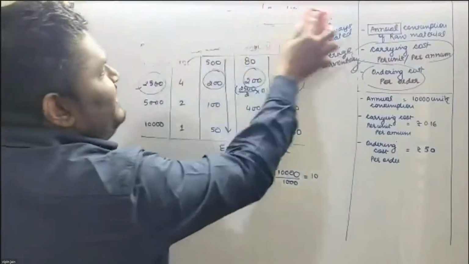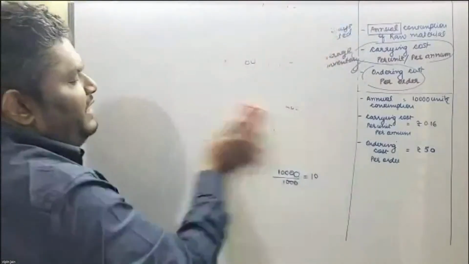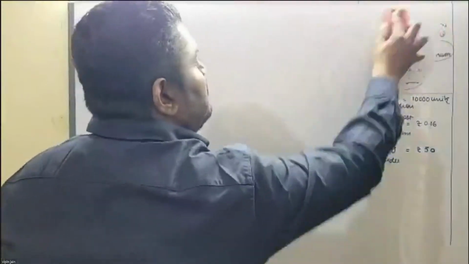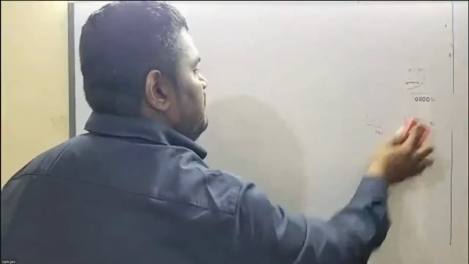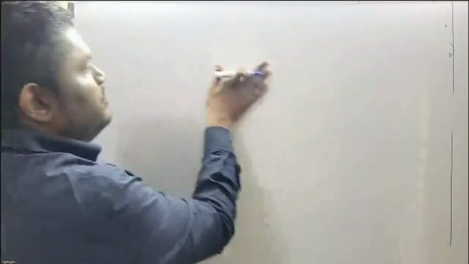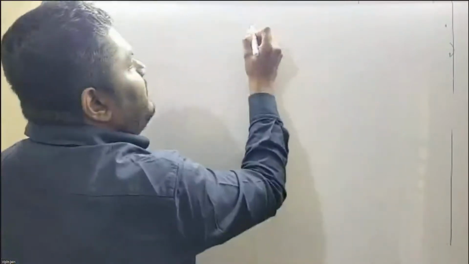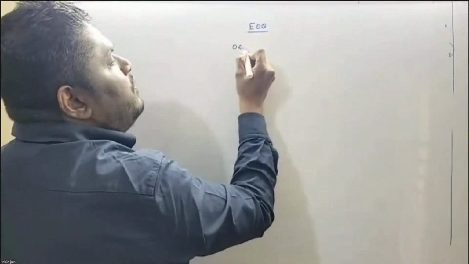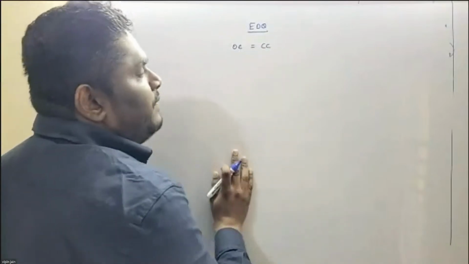So now let's proceed further with the derivation of the formula. How is this formula derived? No worries, Shruti. As we have already discussed, at economic order quantity, ordering cost is equal to carrying cost.